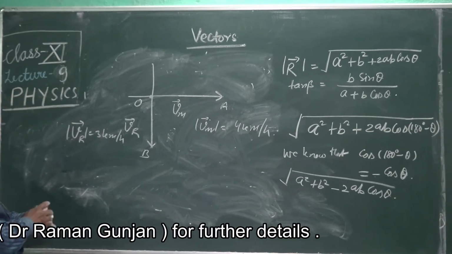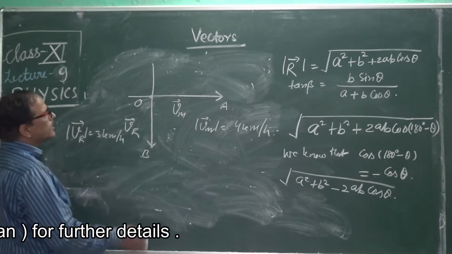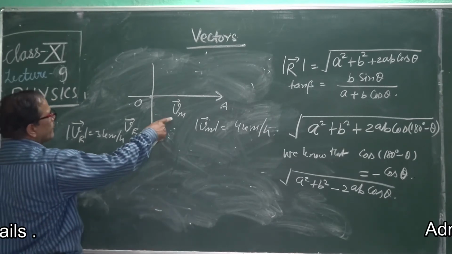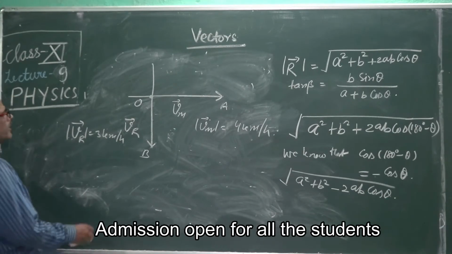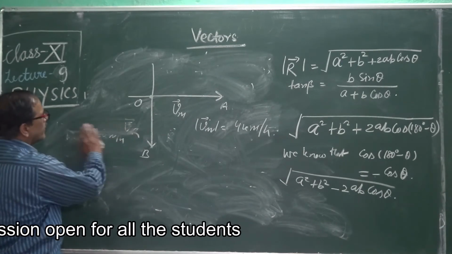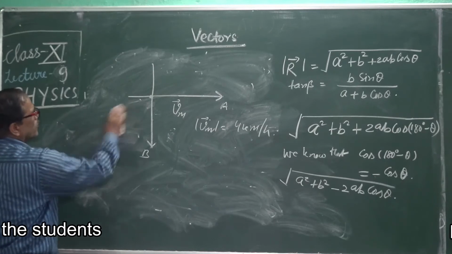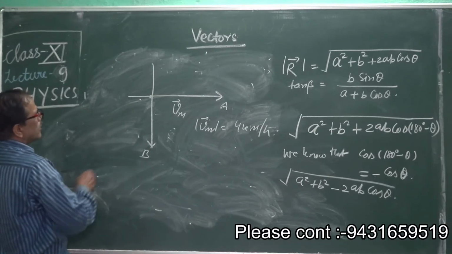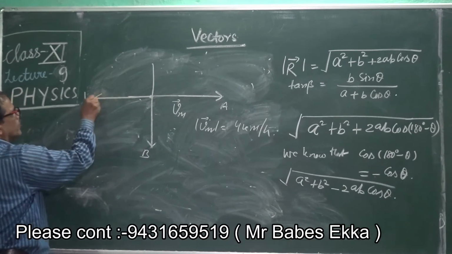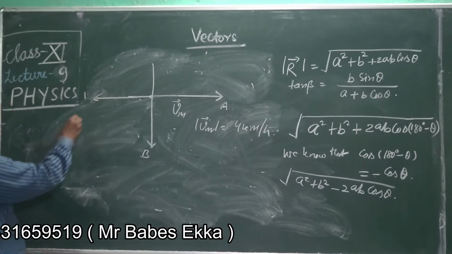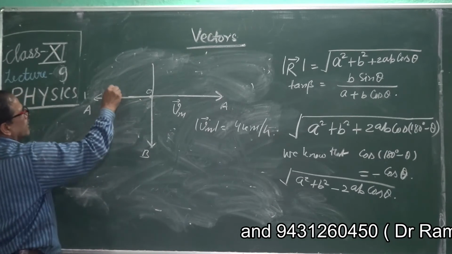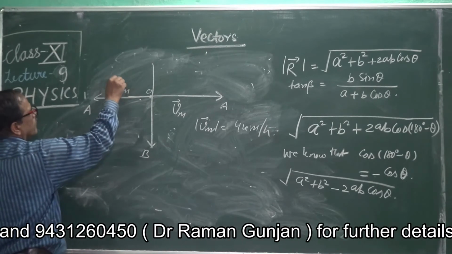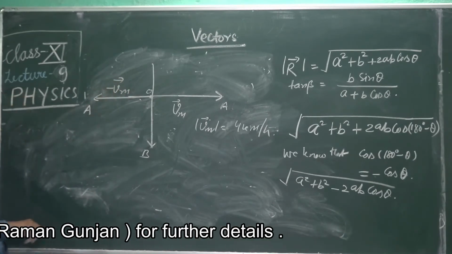At first we take the negative vector of man. And what is the negative vector? Here we take a vector in this direction. We say OA dash, this is Vm minus.